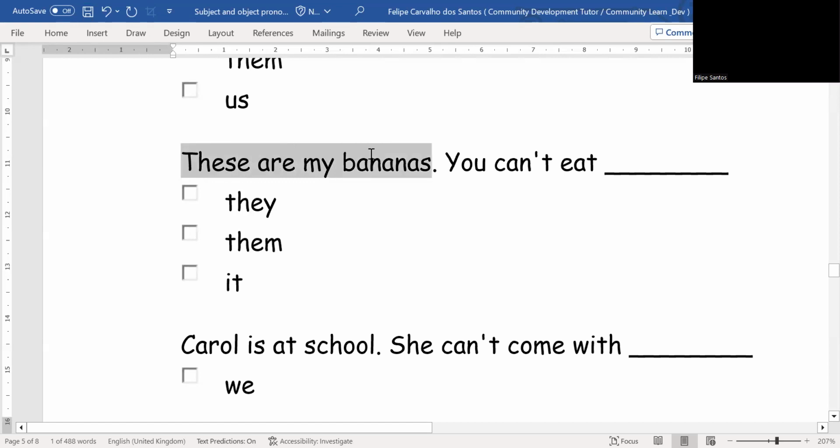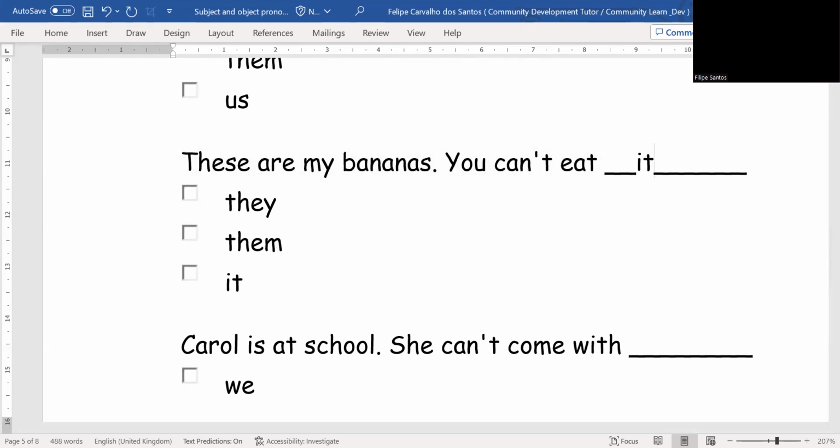These are my bananas. You can't eat. Which one do I use here? Okay. Can I say you can't eat it? Can I say like that? No. Why? Because bananas.